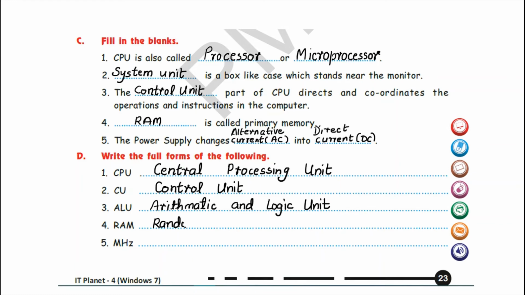Random Access Memory. The last one, number 5, MHZ. And it stands for megahertz. The short form of megahertz is MHZ, wherein we write M and H in capital letters and Z in small letter.